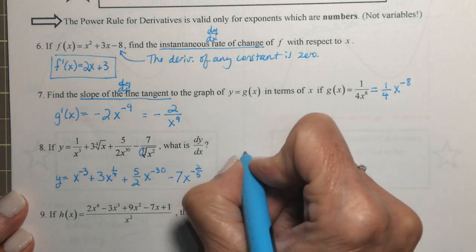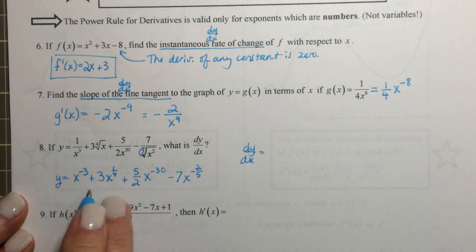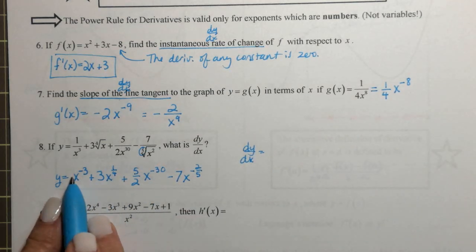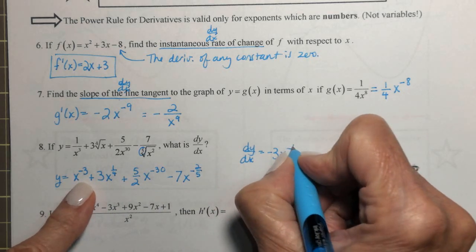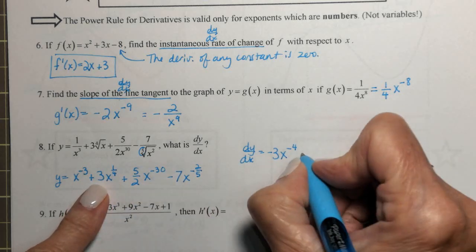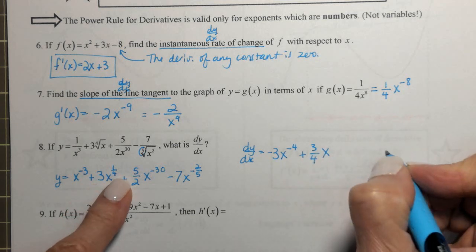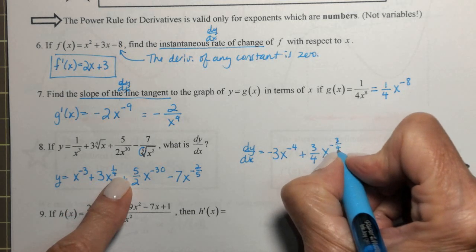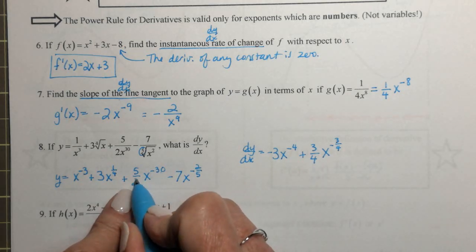So now we can write our derivative. I'm going to go piece by piece taking the derivative. Negative 3 times the front. Keep your x, decrease your power by 1. Power times the 3. That's 3 over 4. Keep your x, decrease your power by 1. Negative 3/4. Power times the front.